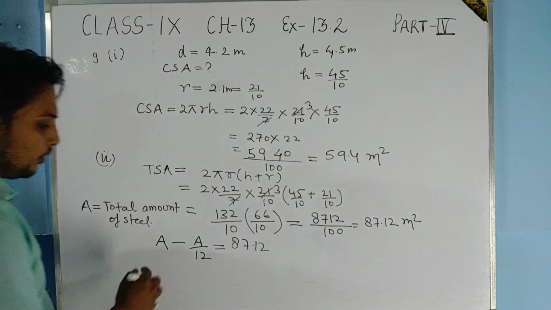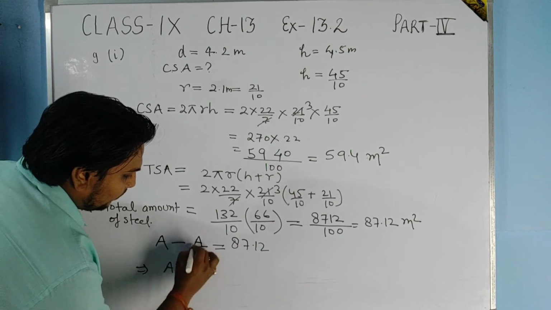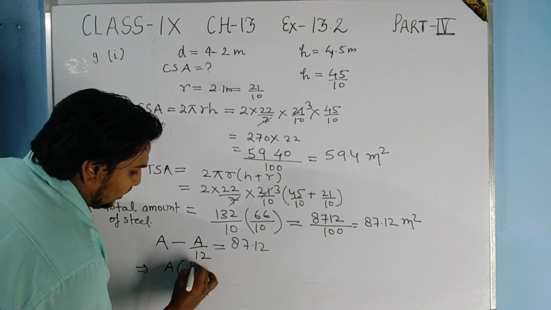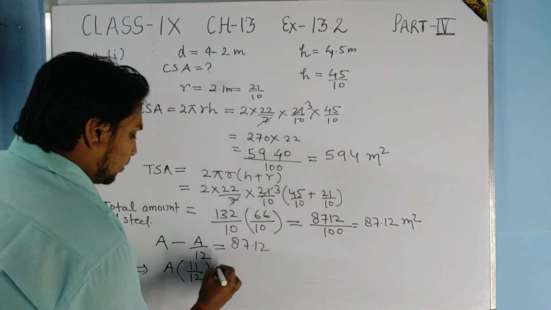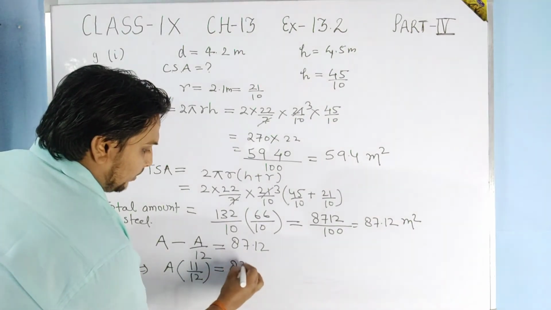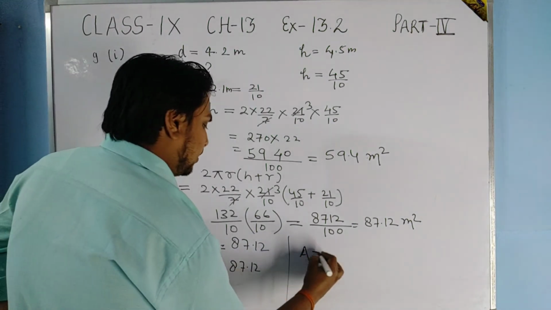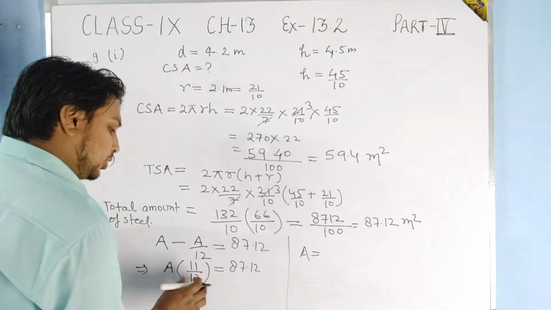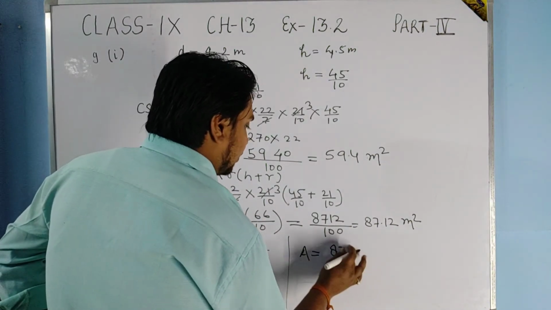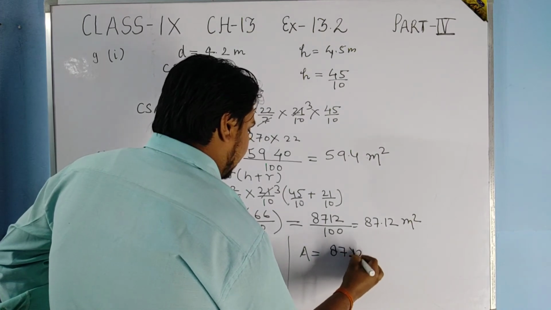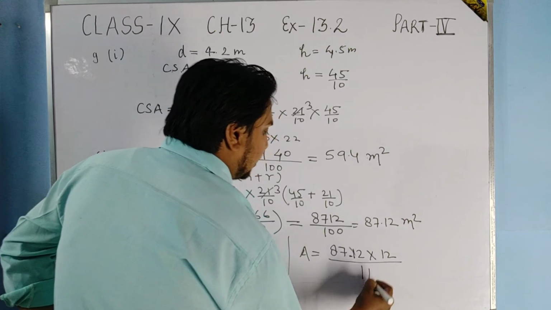So students, when we take A as common, we will get 12 minus 1, 11 upon 12. So 87.12 equals 11 by 12 of A. To find A, we shift this 11 by 12 and get 87.12 into 12 upon 11.